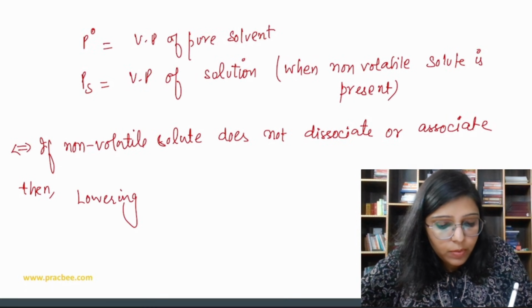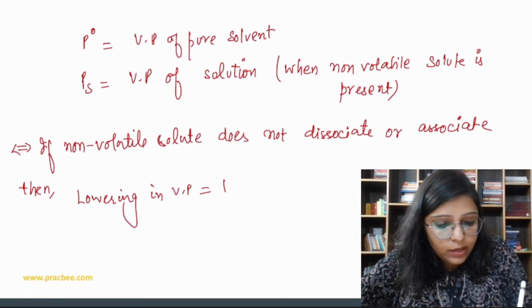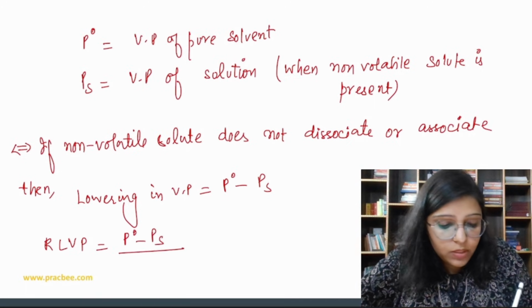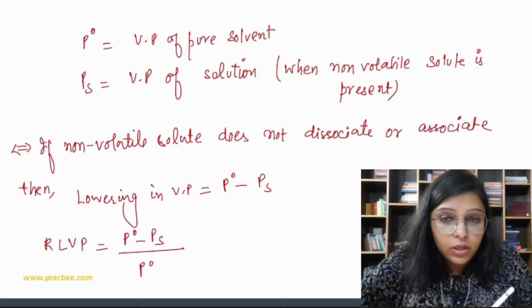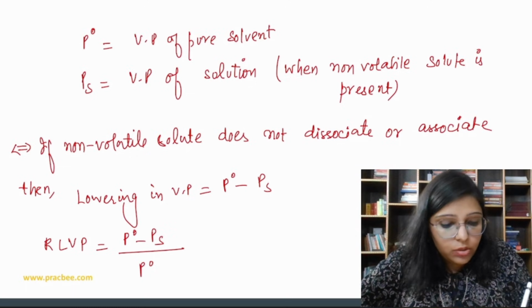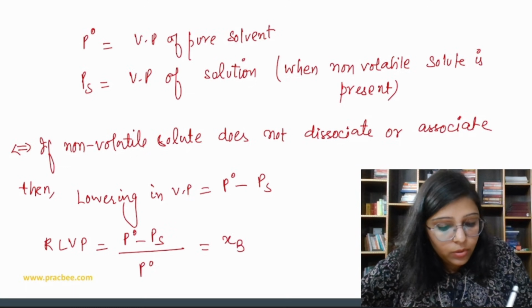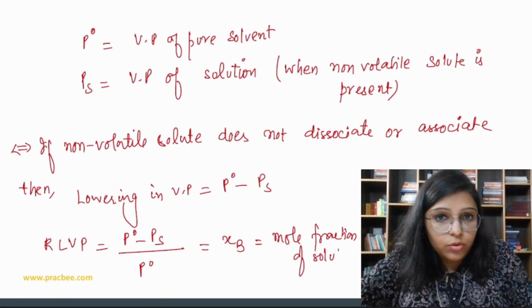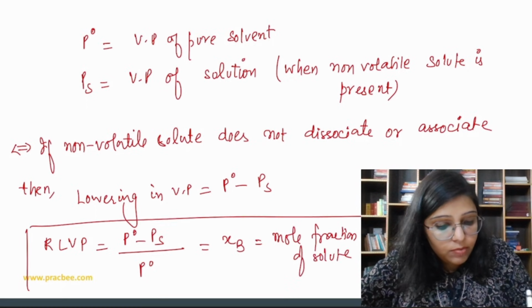Lowering in vapor pressure is P naught minus PS, right? And RLVP, relative lowering in vapor pressure, is P naught minus PS upon P naught, that is lowering in vapor pressure with respect to pure solvent. When you solve this, this is equal to XB, the mole fraction of solute.